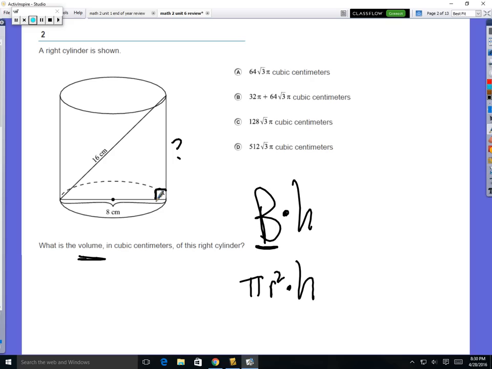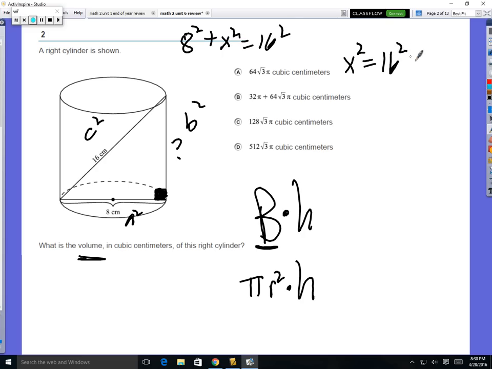They want us to use a little bit of logic to figure it out yourself. So since it's a 90-degree triangle, you can use a squared plus b squared equals c squared. So you're going to go 8 squared plus x squared equals 16 squared. x squared equals 16 squared minus 8 squared.